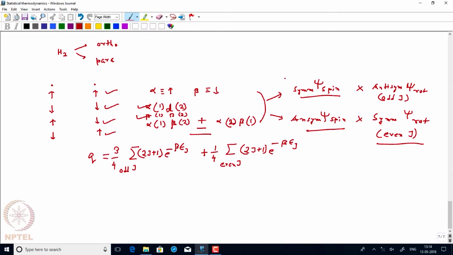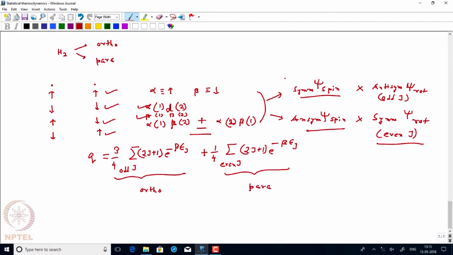Thus this partition function corresponds to orthohydrogen, which is the sum over the odd rotational states, and this corresponds to the even states, which are known as parahydrogen.